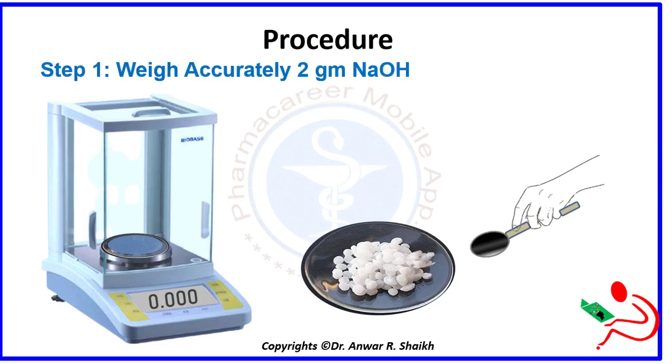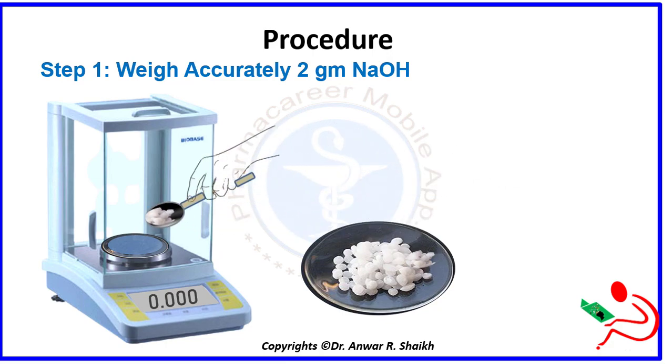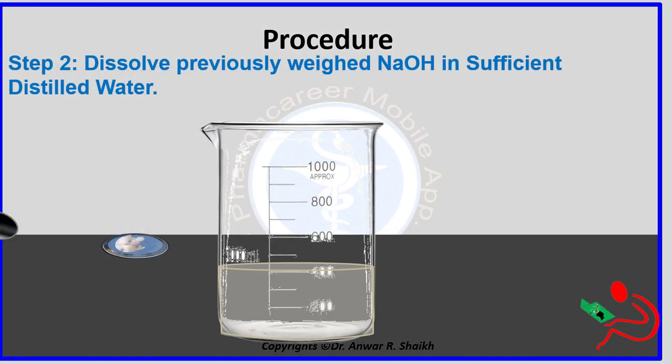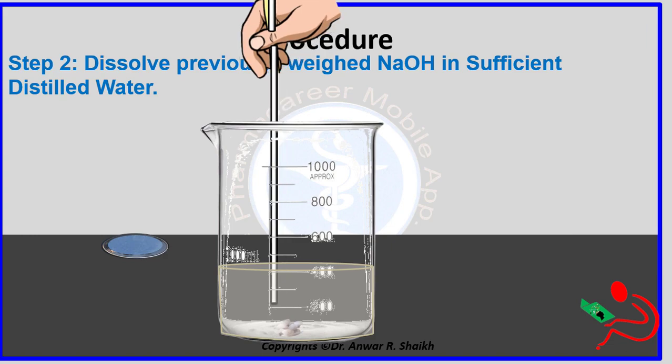Step 1. Weigh accurately 2 gram sodium hydroxide. Step 2. Dissolve previously weighed sodium hydroxide in sufficient distilled water.